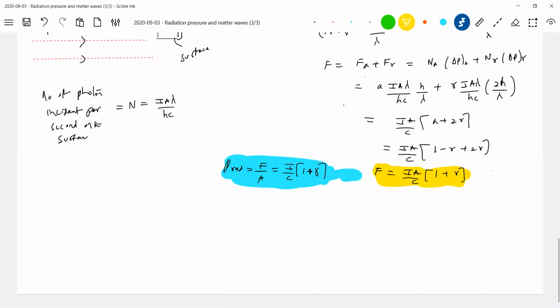Okay, let's take the next situation. A radiation is incident at an angle on a surface. Look at this radiation, it is incident.